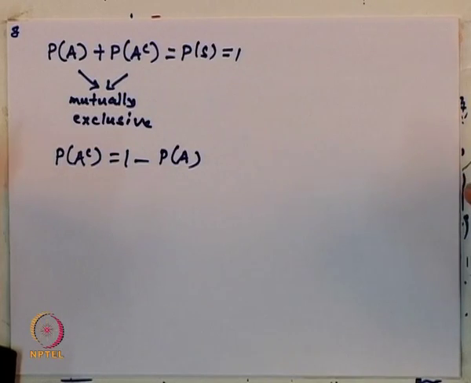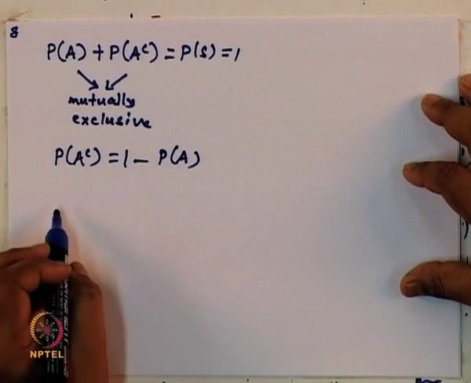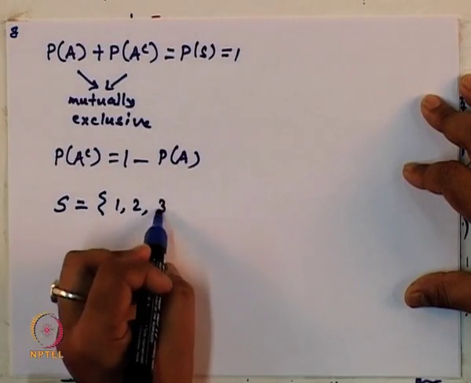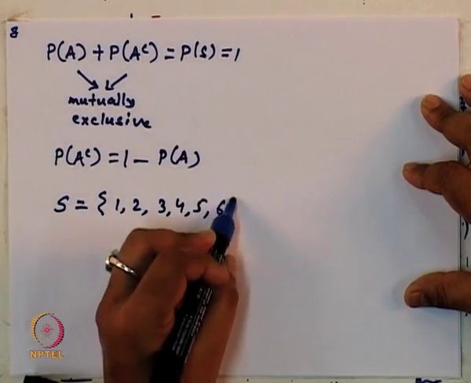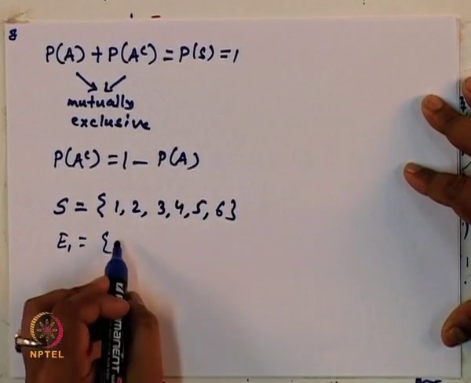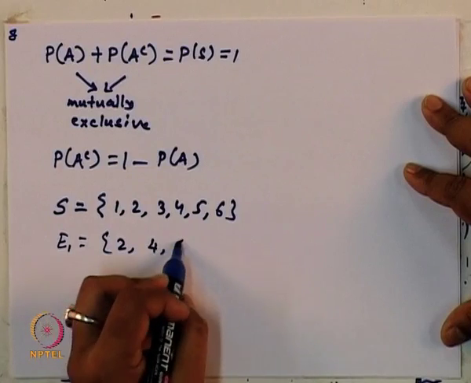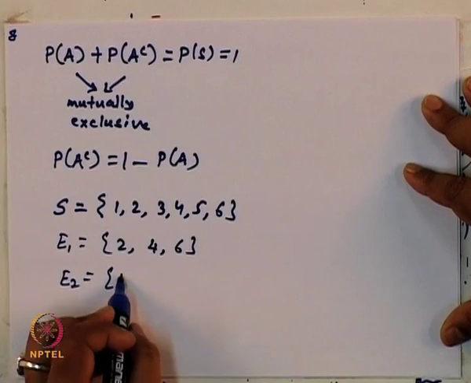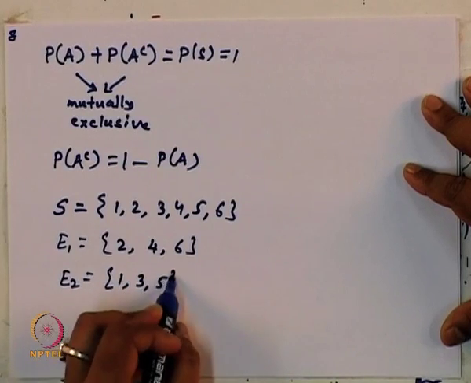Let us take a specific example, the rolling of a dice. My sample space is 1, 2, 3, 4, 5, 6. Let us say my event E1 is the set of all even numbers, so that will have 2, 4, 6. The set E2 is the set of all odd numbers, which is 1, 3, 5.